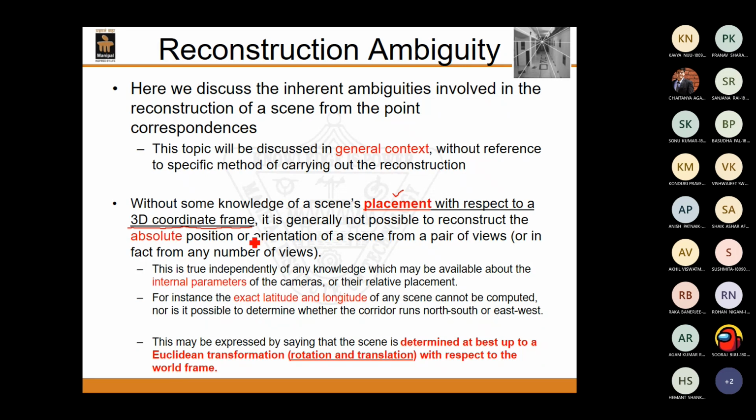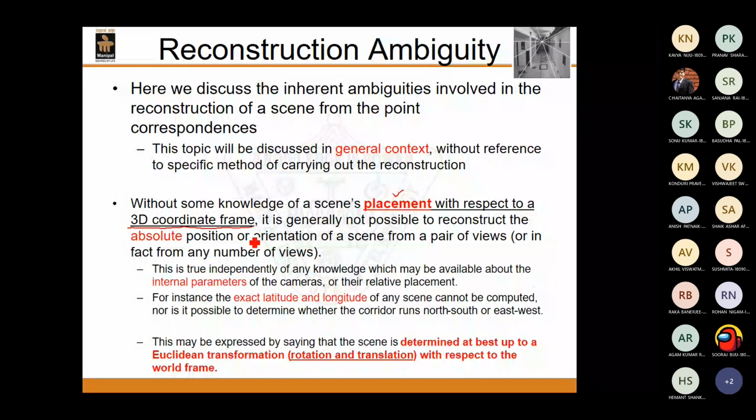If I take the world coordinate frame, once we have reconstructed a particular scene just from the image point pairs alone, we cannot say where exactly that reconstructed scene is with respect to the 3D world coordinate. What that means is we do not know where exactly in this world, along the longitude or latitude, what exactly the values are, or where exactly it is positioned, or with respect to the directions.